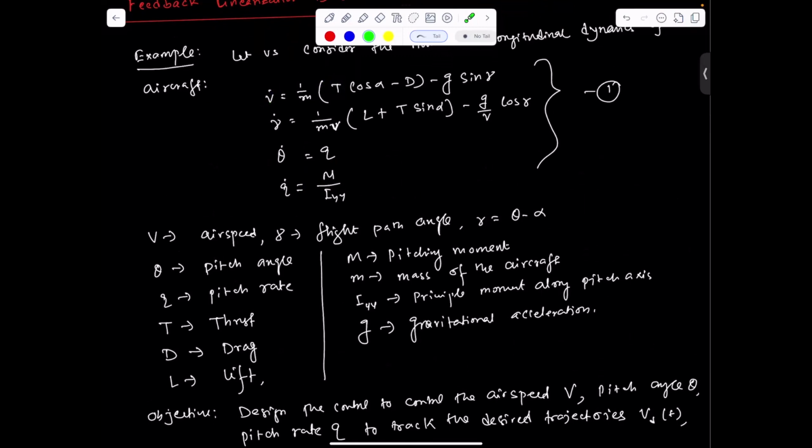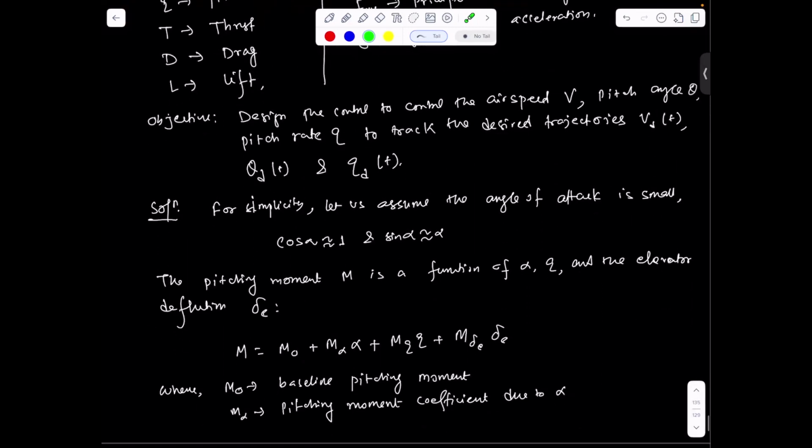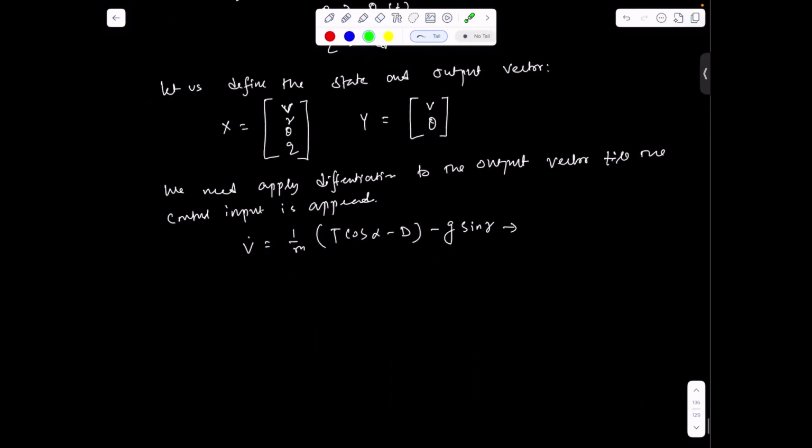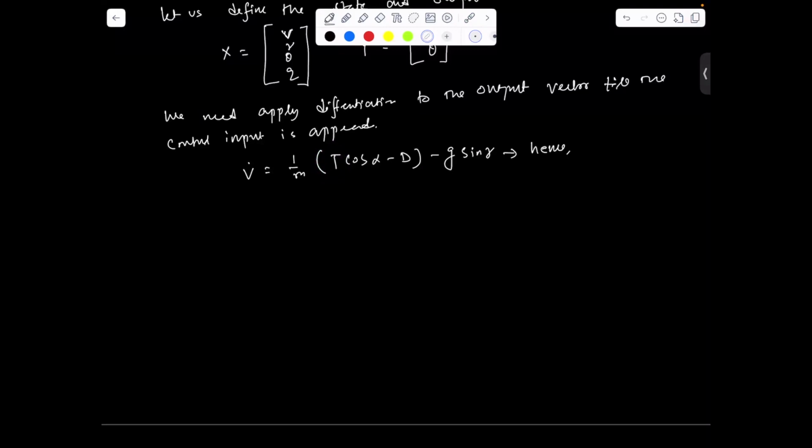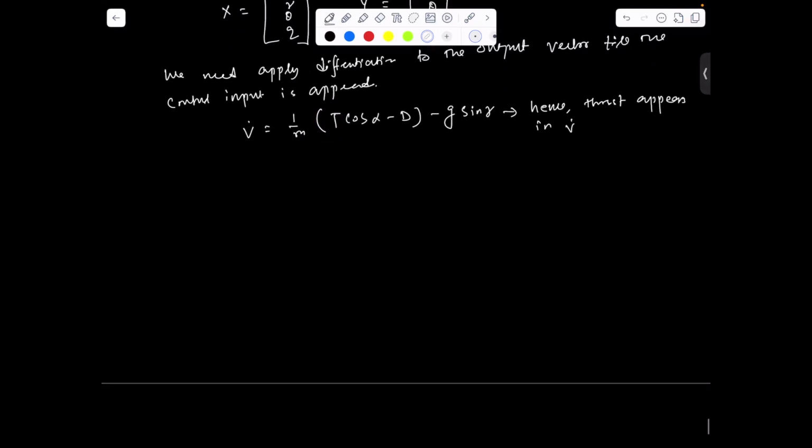So there are two control inputs for this dynamics, and we need to design both. In this equation you can notice that T appears, hence thrust appears in V dot, and so we can stop here.